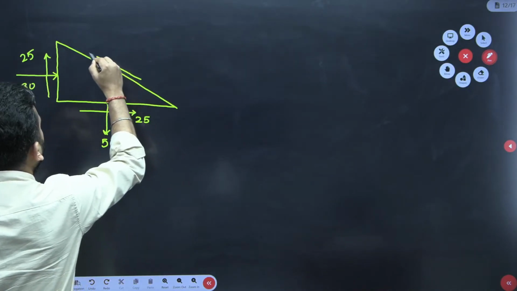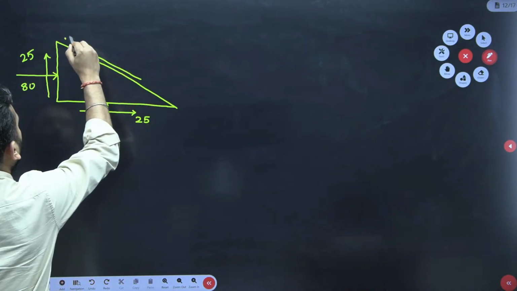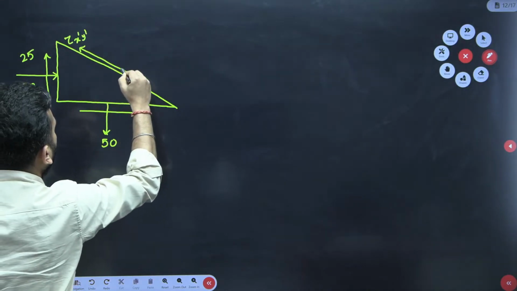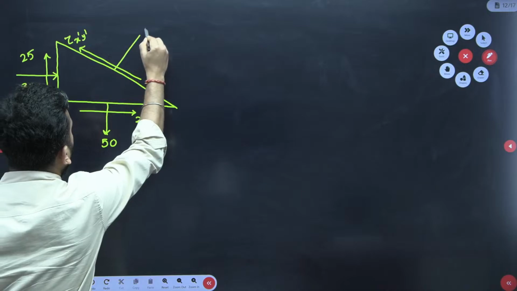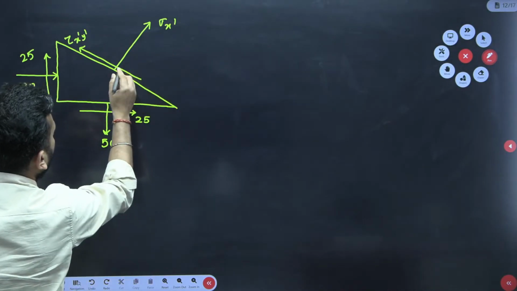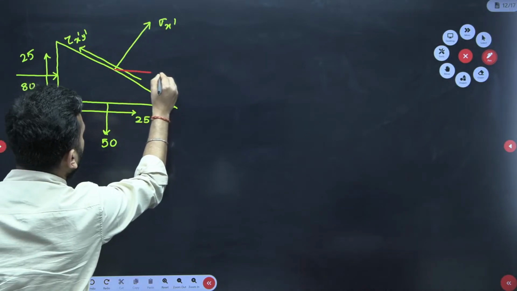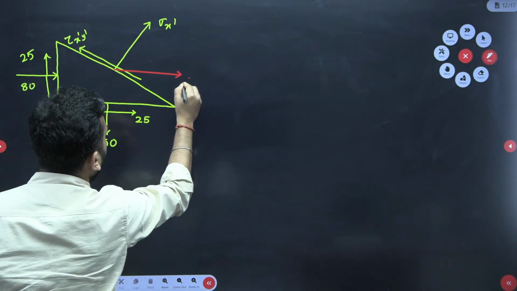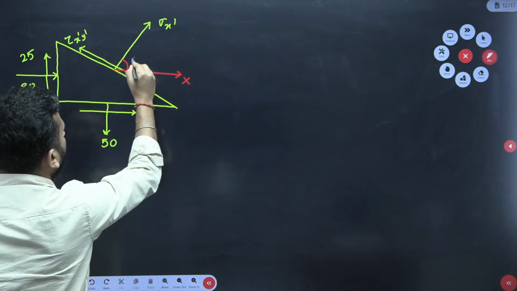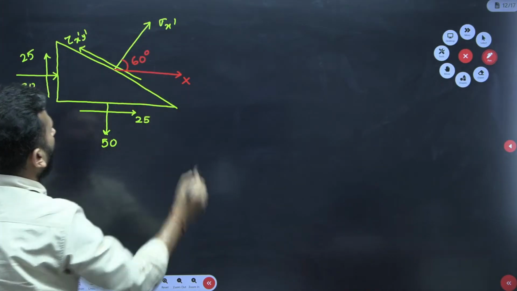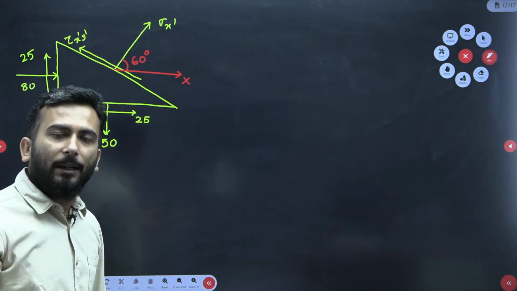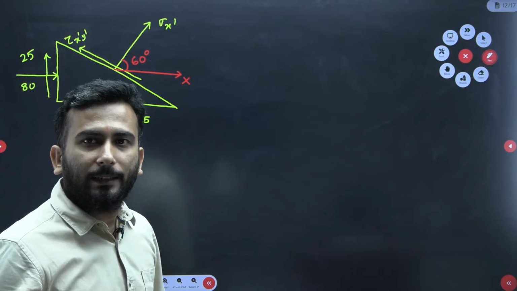Now this is your tau x dash y dash. Perpendicular to it, what was perpendicular to it? Sigma x dash, normal stress. And you know that this is your x dash direction. And what was the angle? Angle was 60 degree. Yes or no? This one we have already found out. Yes or no?